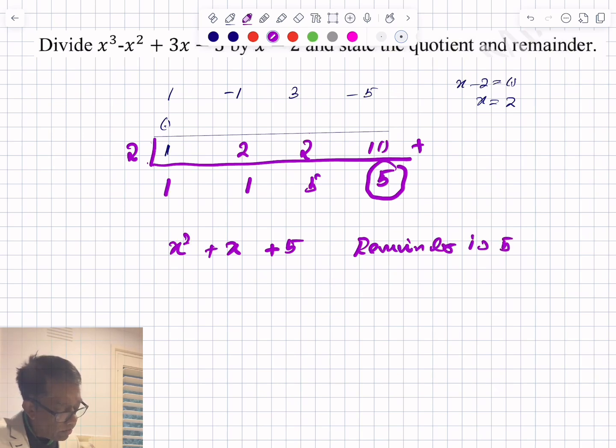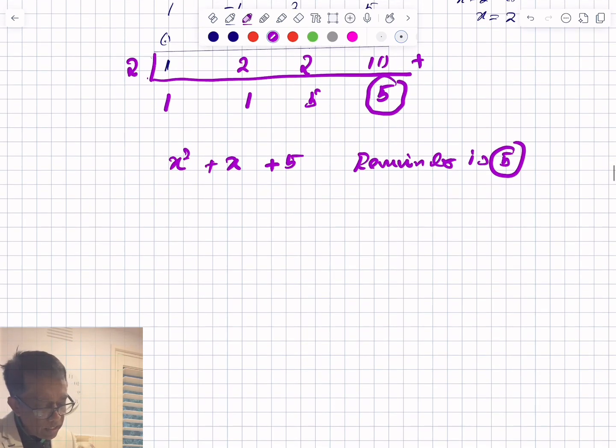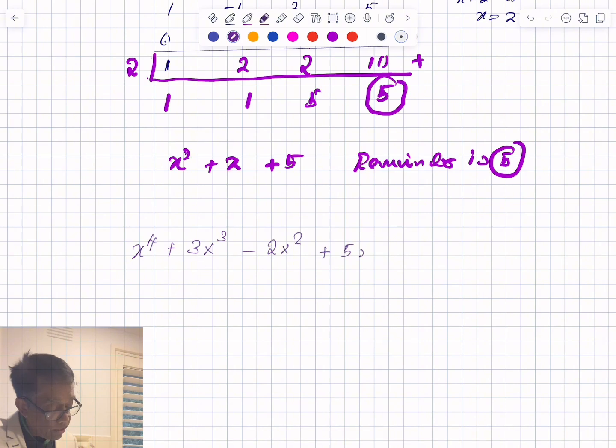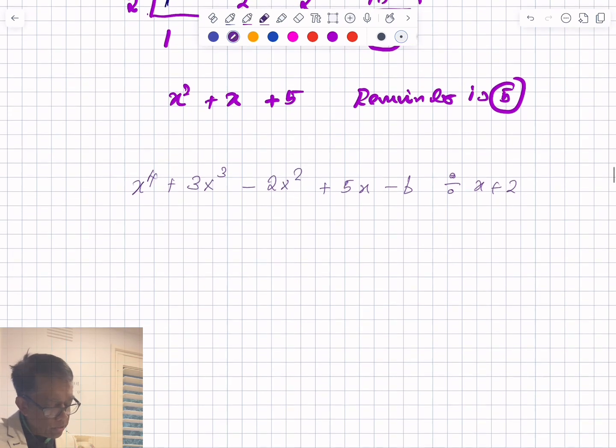And I'll do one more. x⁴ + 3x³ - 2x² + 5x - 6 has to be divided by x + 2. Let's do that.